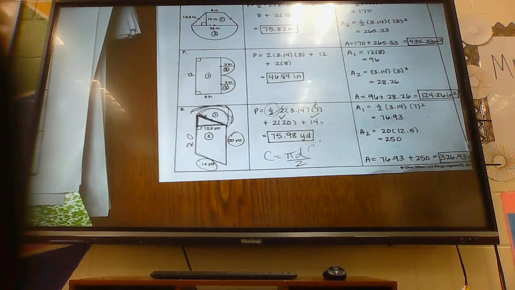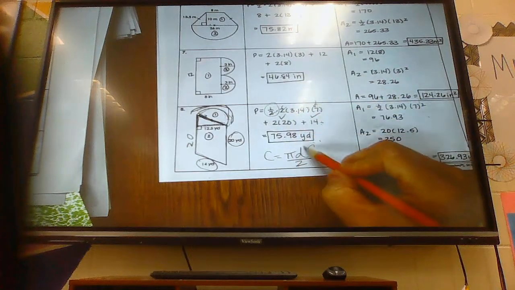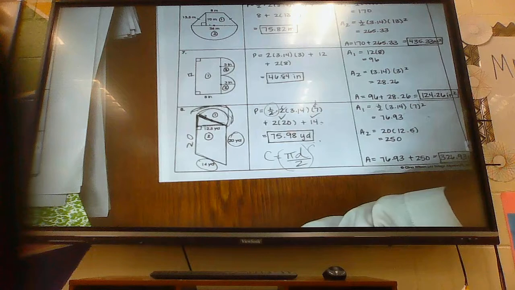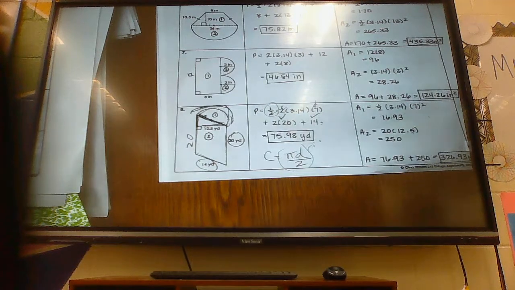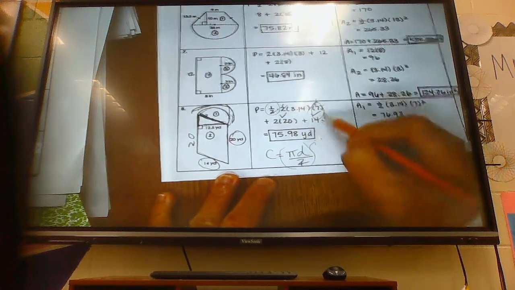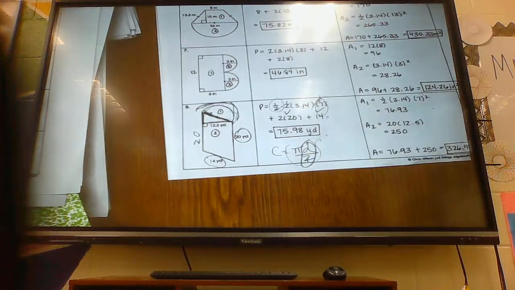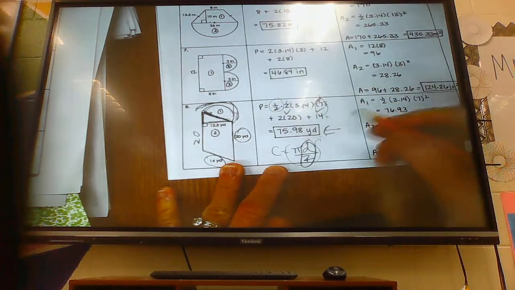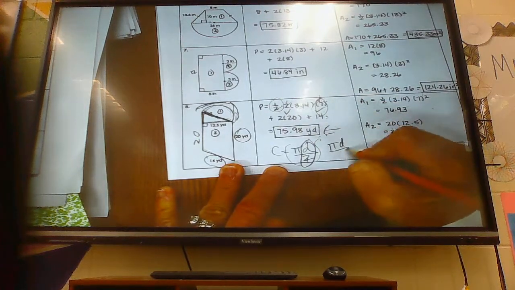Yeah. No. So, if you just had done pi d divided by 2, which is 7, they just went ahead and did this part and multiplied by 7. So, you're still gonna get the same answer, Tara. Pi d over 2.